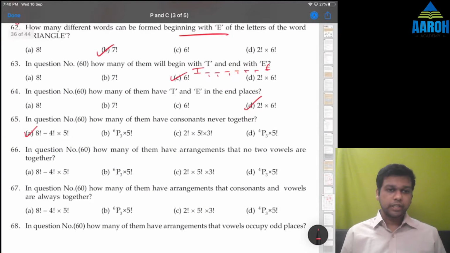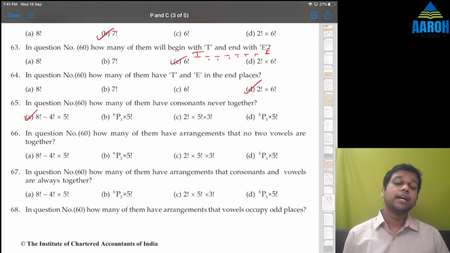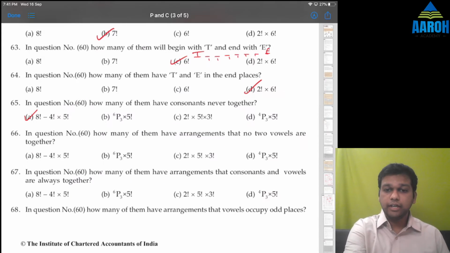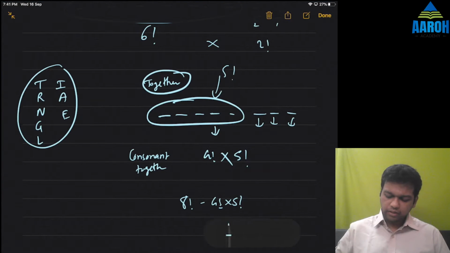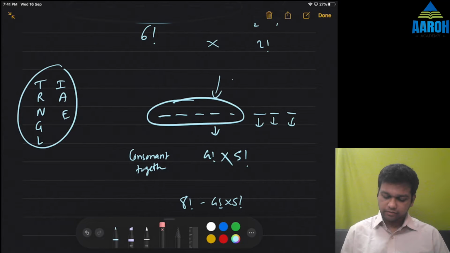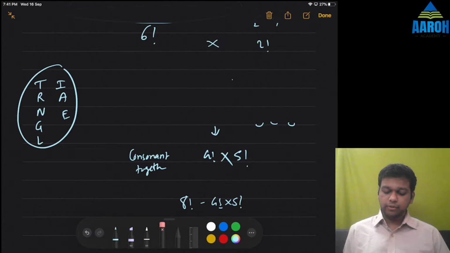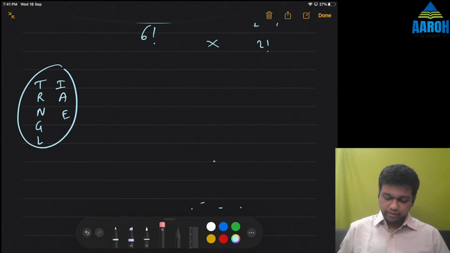Next. 66. In question 60, how many of them have arrangements that no two vowels are together? Now no two vowels is the case where we have to arrange alternately. The letters are the same. So what we do is we arrange consonants first. How many consonants are there? 5.